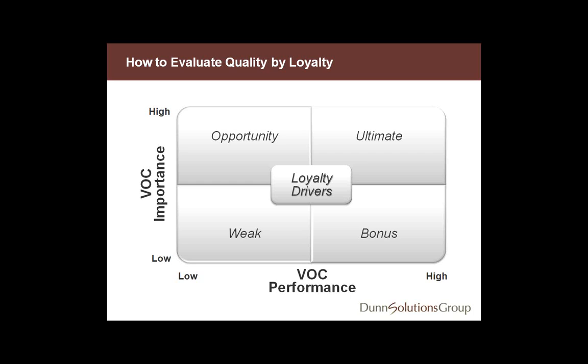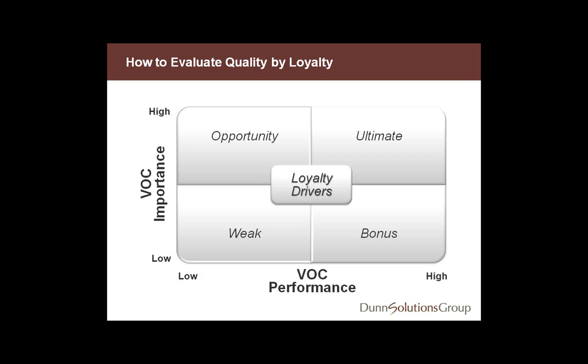The most important quadrant is the upper left, called opportunity. These items plotted here have a high importance to your customers, but current performance is low. This quadrant is where you will have the greatest impact on improving loyalty and driving higher profits.